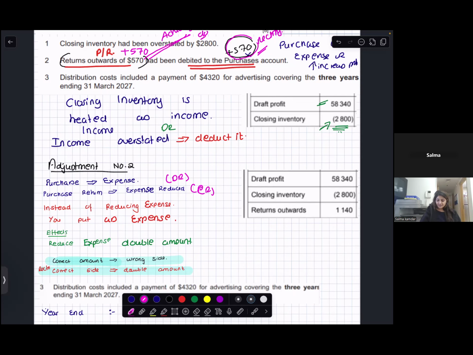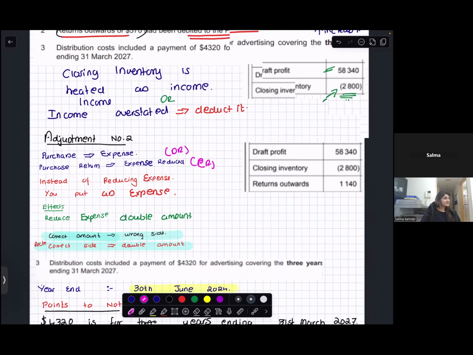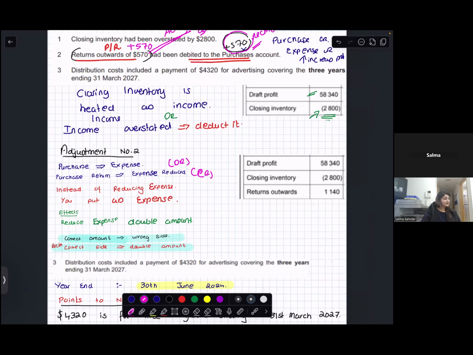Now understand this. You had your purchase returns, which you had to treat. Purchase return has which balance?